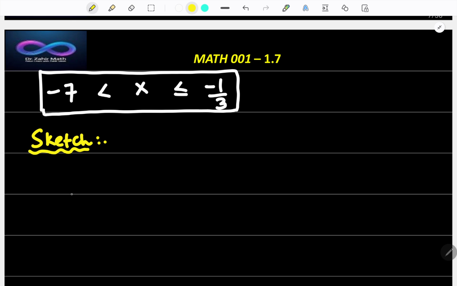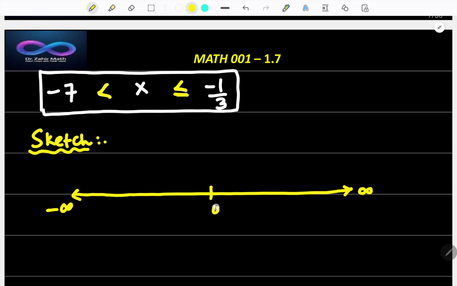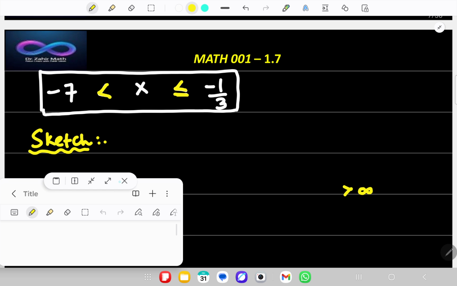Okay, right. So this is your real number line, with infinity and minus infinity. Now we divide this line because it is less than or equal to, right? So here is 0, here is minus 7. Let me take 0 a little bit away because the line is too small. Sorry for that.